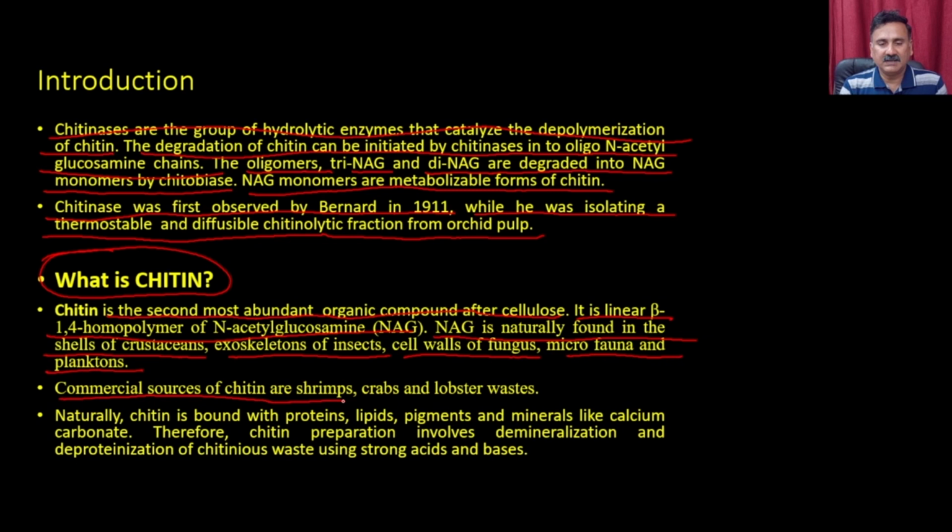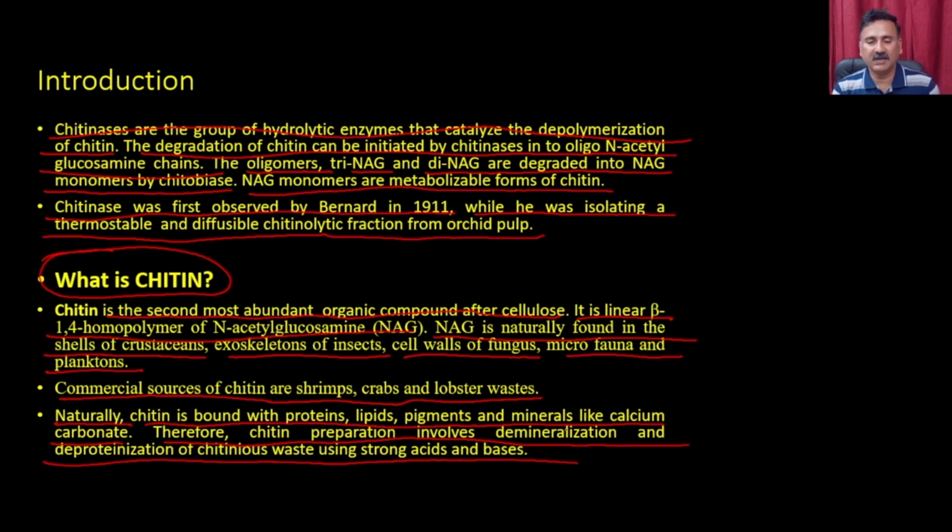Commercial sources of chitin are shrimps, crabs, and lobster. Naturally, chitin is found with proteins, lipids, pigments, and minerals like calcium carbonate. Therefore, chitin preparation involves the demineralization and deproteinization of chitinaceous waste using strong acids and bases.